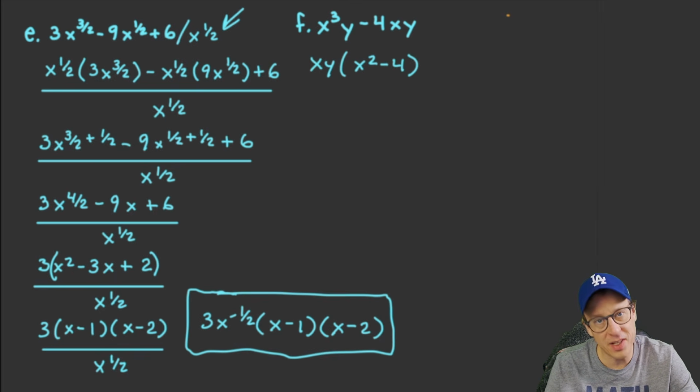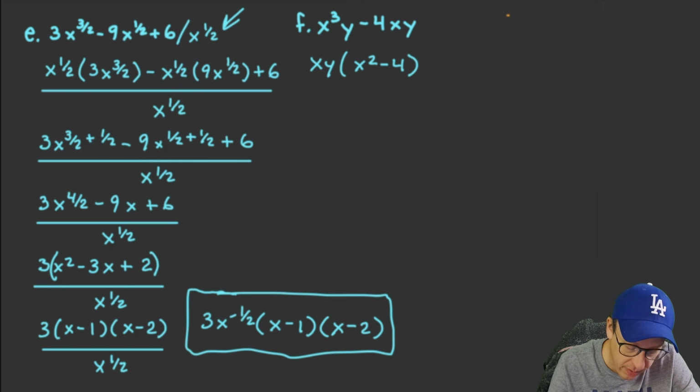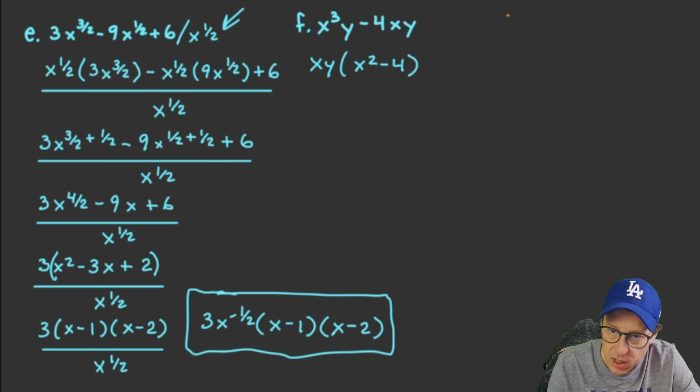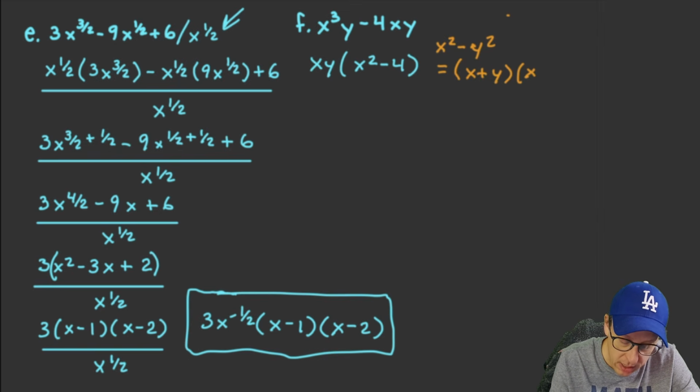And then we use another formula, and it's called the difference of two squares. We used it previously to solve another problem. So can I fit that right here? Yes, I can. So if we have x squared minus y squared, then that is going to be equivalent to (x plus y)(x minus y).